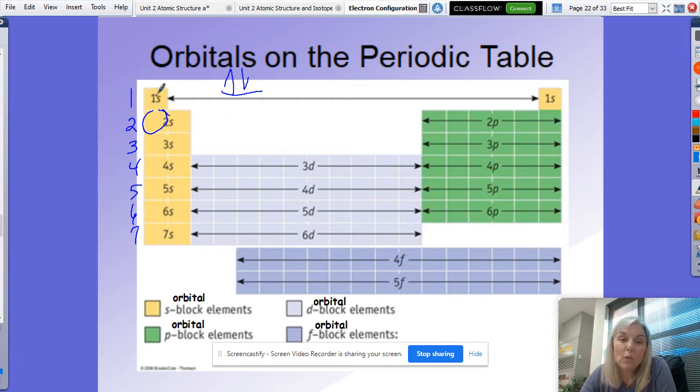So that's our 1 and our 2. And now we're on the second energy level. So this was 1s. And then the next box is 2s, but we only used 1 box. So we're only going to have an up, because there's only a total of 3 electrons.